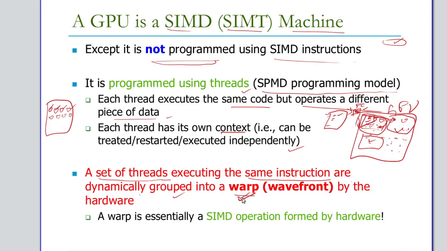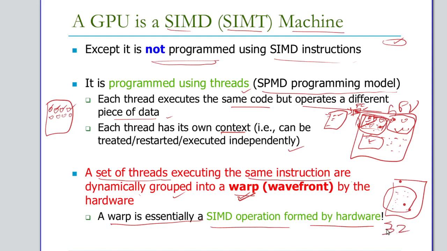Okay, a warp is essentially a SIMD operation formed by hardware. So depending on the hardware, it will be decided how many processing elements, how many threads, can be grouped together. Usually, as we will see in the next examples, it will be 32.